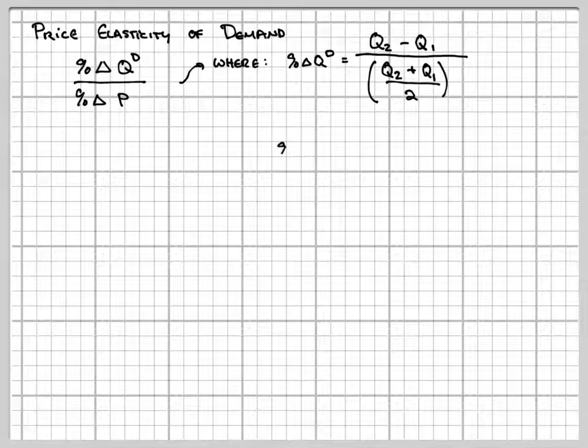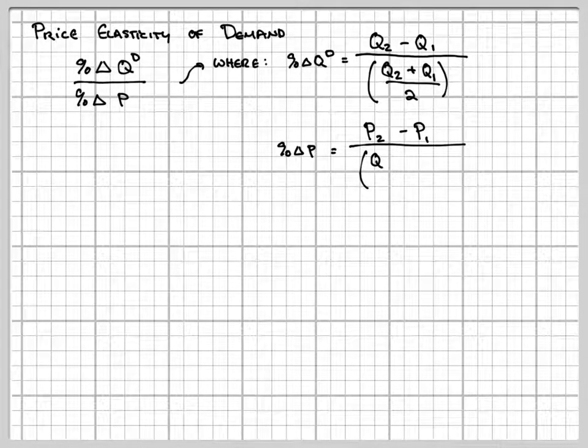And the percentage change in price takes on a similar formula. It's P2 minus P1 over P2 plus P1 divided by 2. So all elasticities take this type of formula.